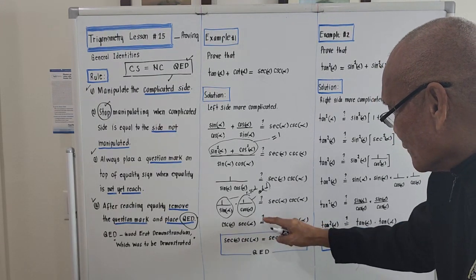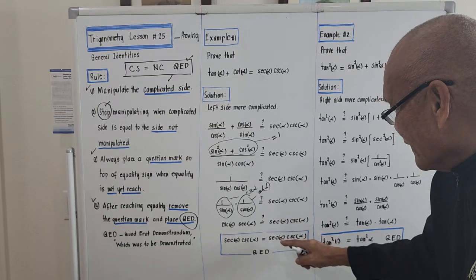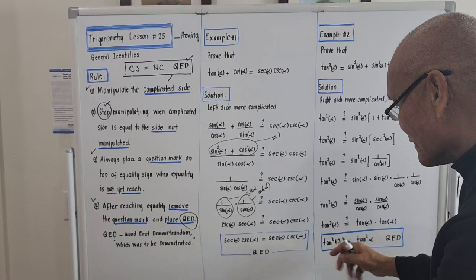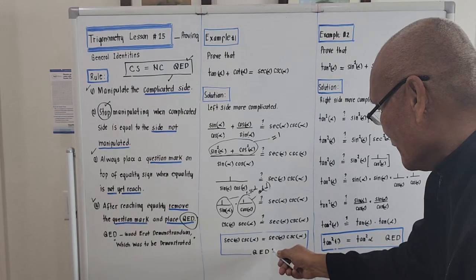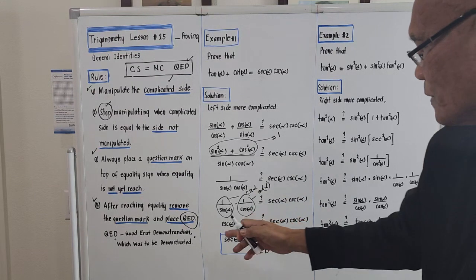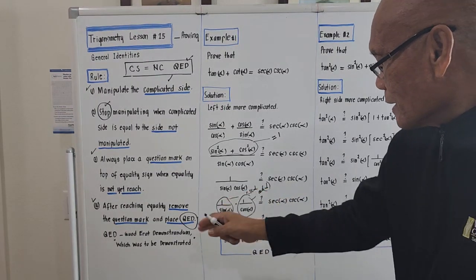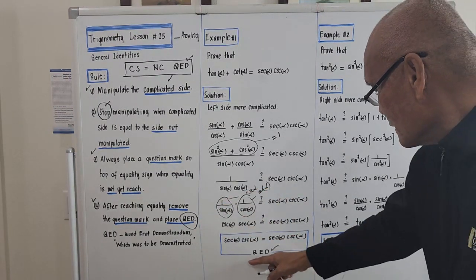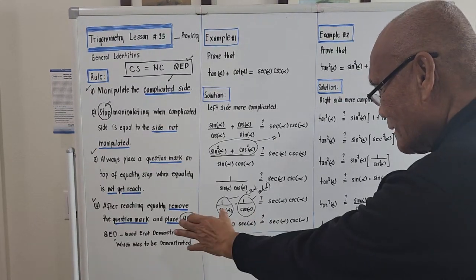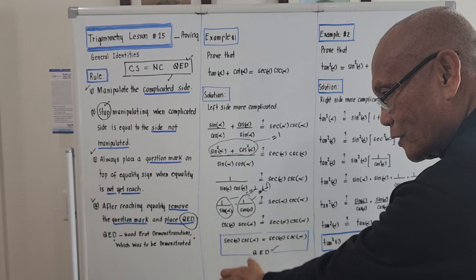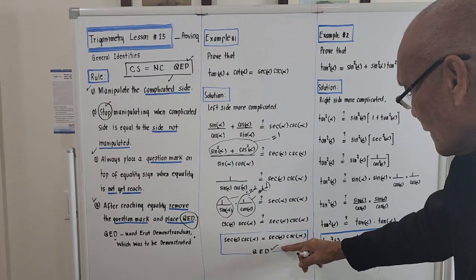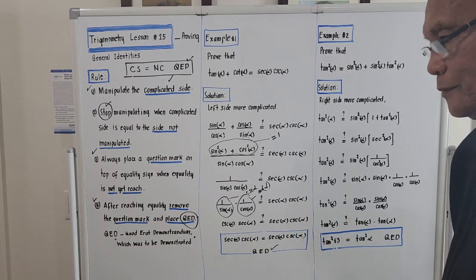And we have proven that the left-hand side is equal to the right-hand side, so we place QED. It was proven to be true, or which was to be demonstrated, quod erat demonstrandum, the meaning of this. It's a Latin phrase. We have proven that the complicated side, after so much manipulation, is now equal to the right-hand side, which is secant of alpha, cosecant of alpha.